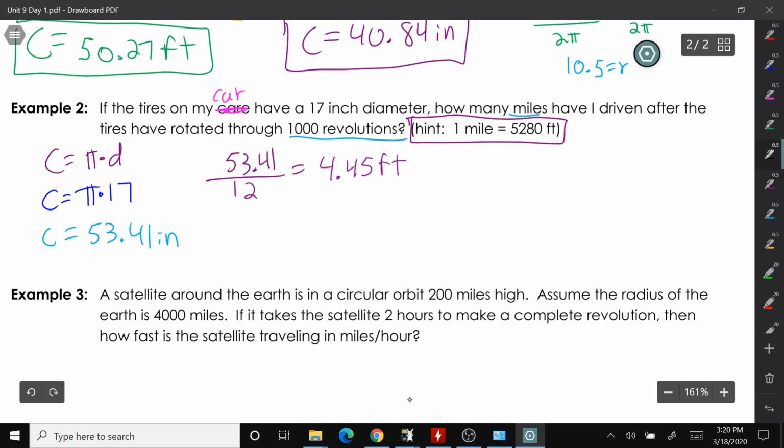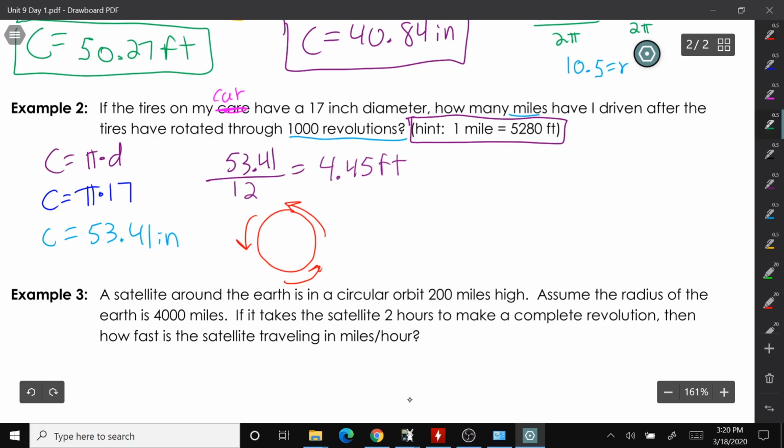And remember how we talked about that this is also the perimeter of the tire, the perimeter of the circle. So every time the tire rotates, the distance that we travel is 4.45 feet because the whole tire has made one revolution all the way around.